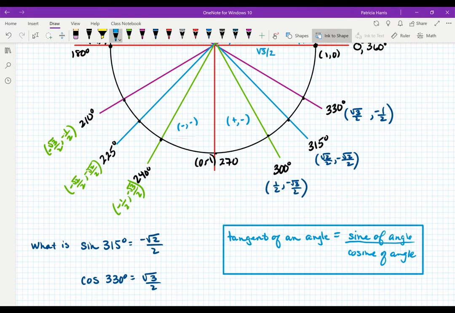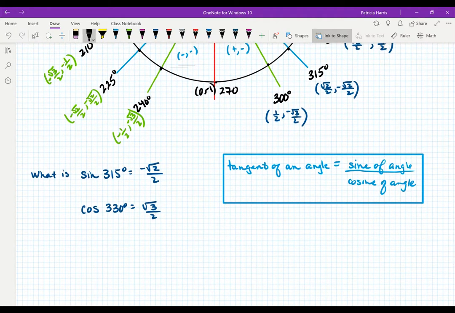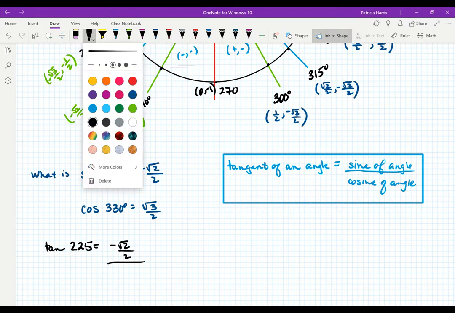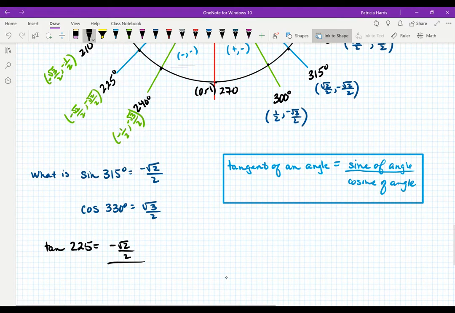That's going to help us find tangent. So let's do tangent of 225. You find 225 on your unit circle, and that's negative radical 2 over 2 divided by negative radical 2 over 2. Simplified, that's just 1.